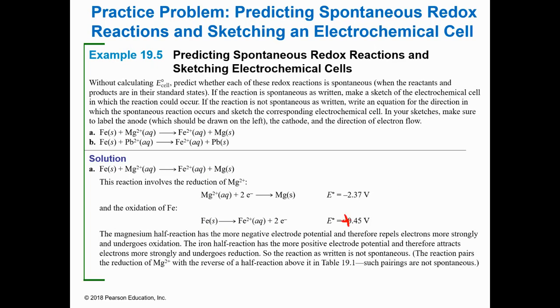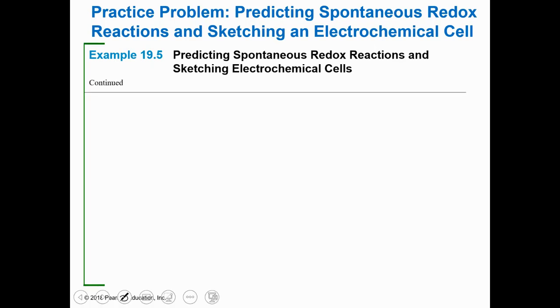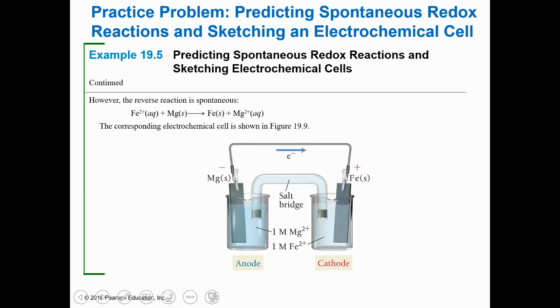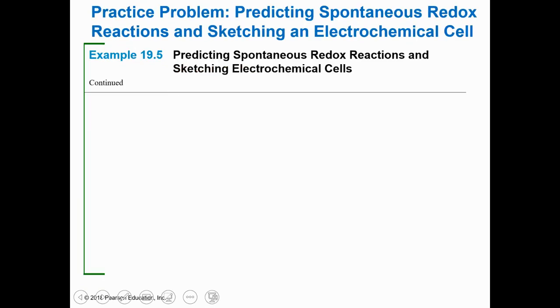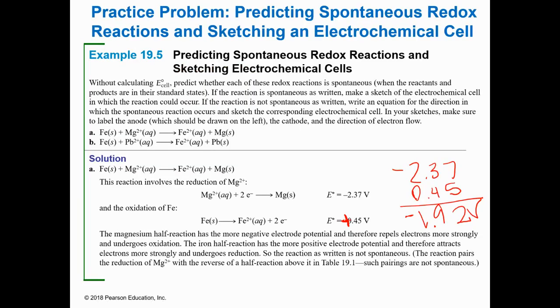So then this, you add them together to check. So this is negative 2.37 and then 0.45. I didn't grab my calculator, so I've got 2. Okay, so negative 1.92 volts, so that would not be spontaneous. I guess it doesn't give you the answer. Okay, but it's not spontaneous.